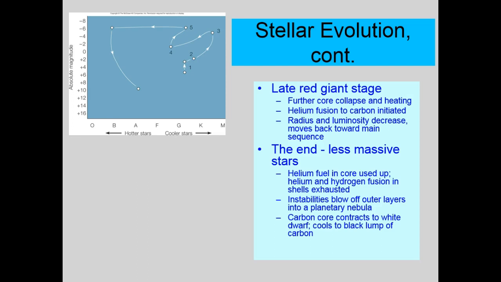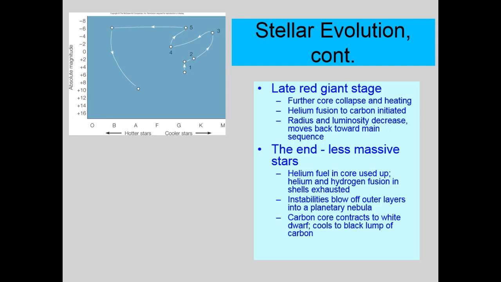Now, the radius and the luminosity decrease. And they're very vague on why. I can't figure out why the radius decreases. It seems like to me now it should be expanding. But remember in the red giant stage, the outer core was expanding. Now it starts decreasing.